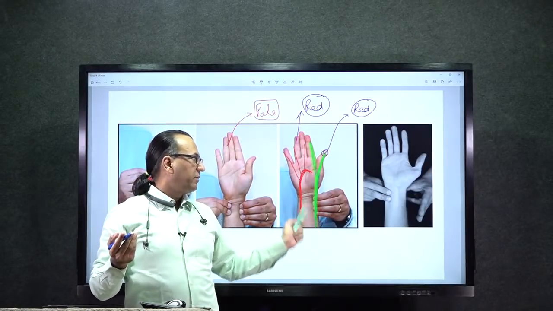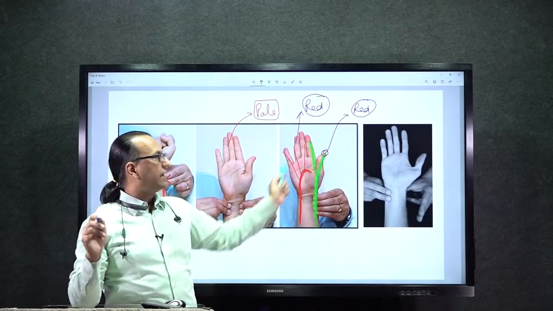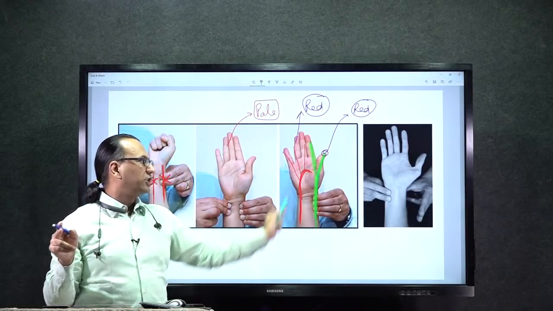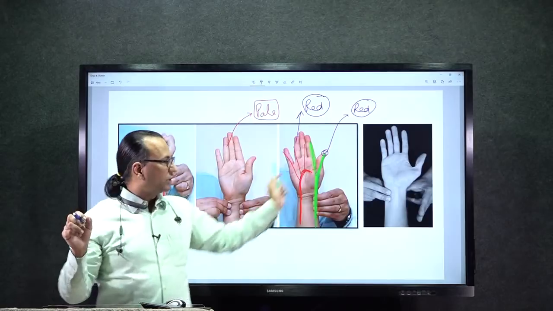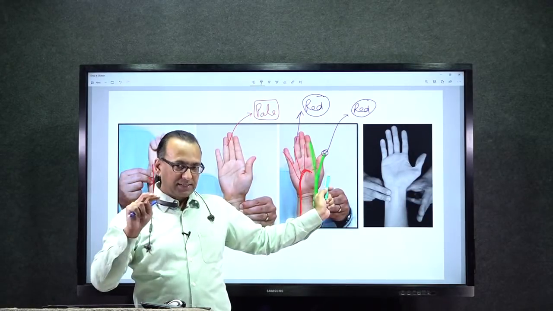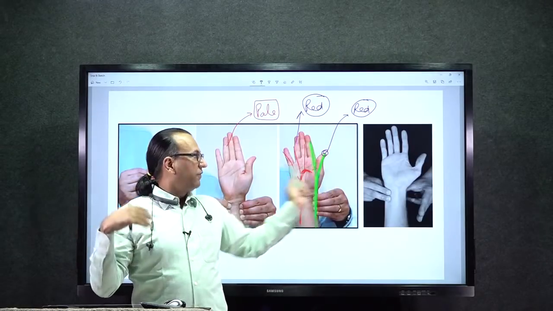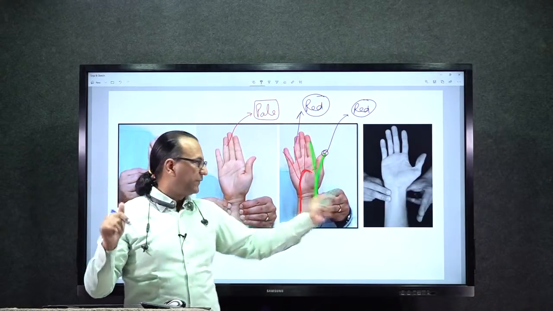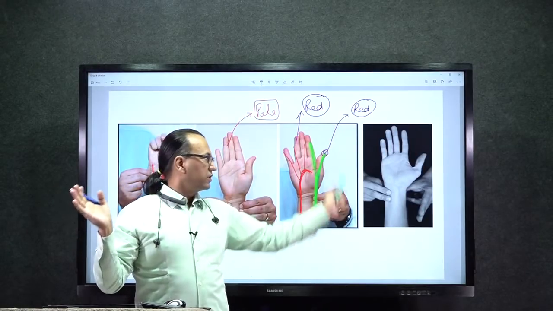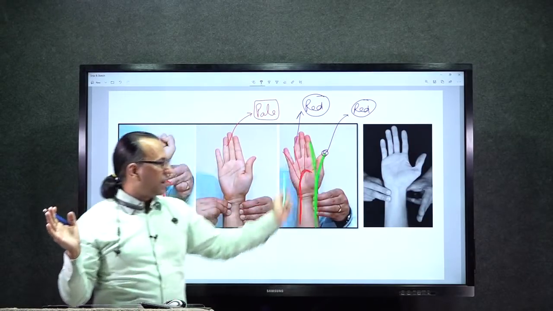Maybe you have blocked the radial artery, but the thumb will become red because of communication of superficial and deep palmar arch. This time patency of ulnar artery is enough to supply the thumb also. Allen test negative means normal. So if it is normal, go ahead with the sample. You take this sample, even if thrombus develops, no problem, because the thumb can be saved by ulnar artery.